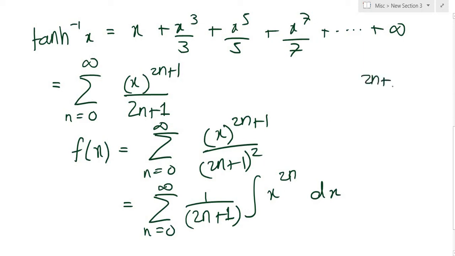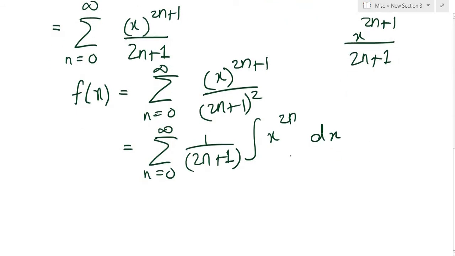So you'll have x raised to 2n plus 1 divided by 2n plus 1, right? Divided by the new power. So when you evaluate this indefinitely, you'll have this expression, and then when it gets multiplied by this 2n plus 1 that's already outside, you'll just have x raised to 2n plus 1 divided by 2n plus 1, the whole thing squared, which is indeed our f of x. So we can definitely write it this way.